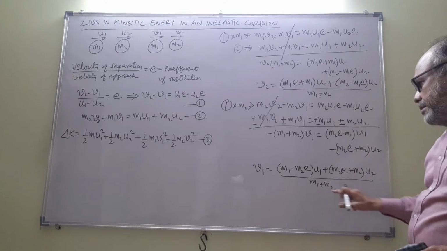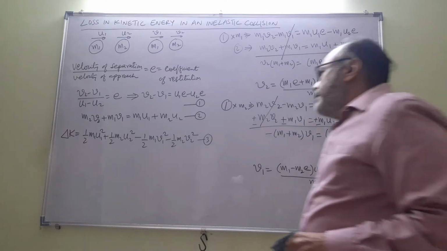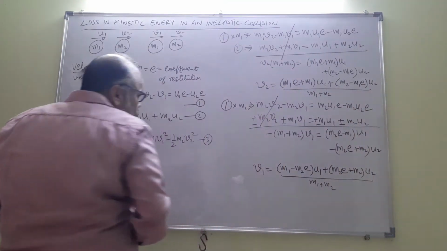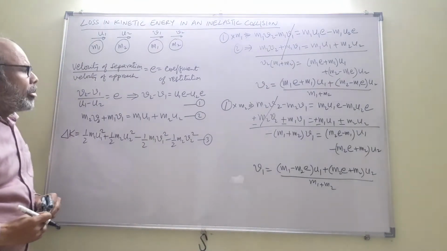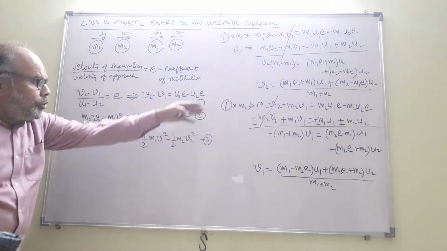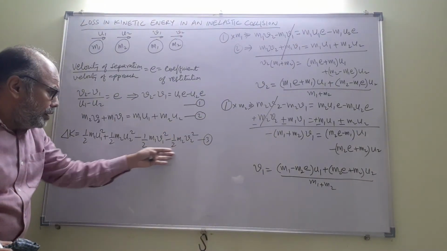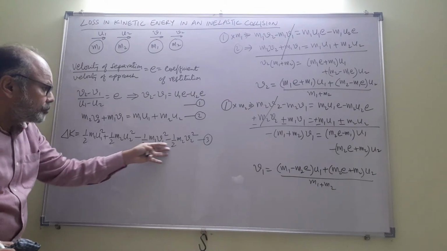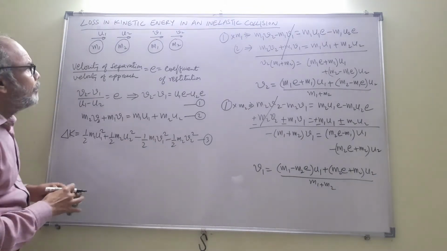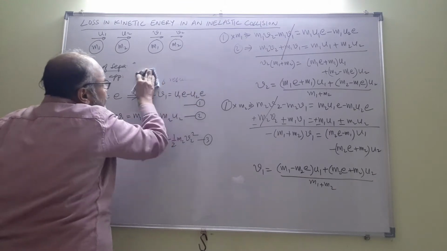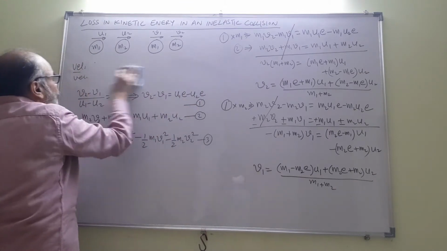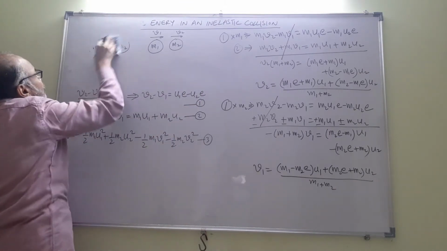M1 plus M2 is as it is. So these are the two velocities. Now we will substitute V1 and V2 in this. So let us do that. I will erase this here.